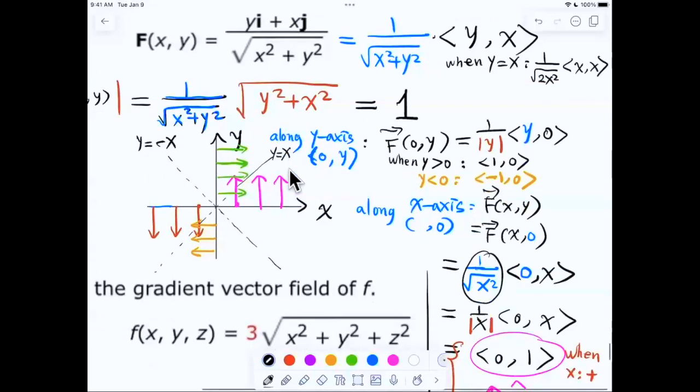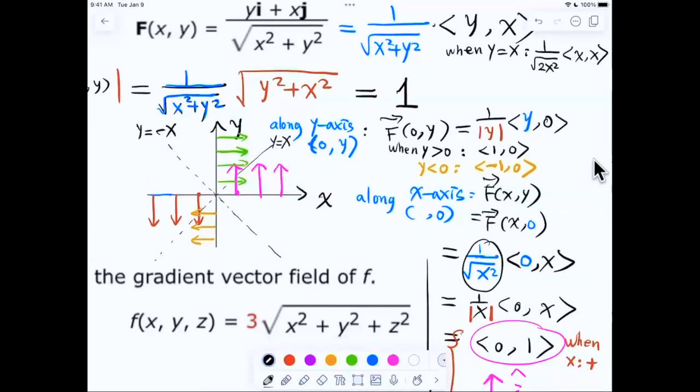This one here is going to be, put it down here, 1 over square root of 2, and that will be x over the absolute value of x. So when x is positive, this is going to be 1, 1, but times what? 1 over square root of 2, right?